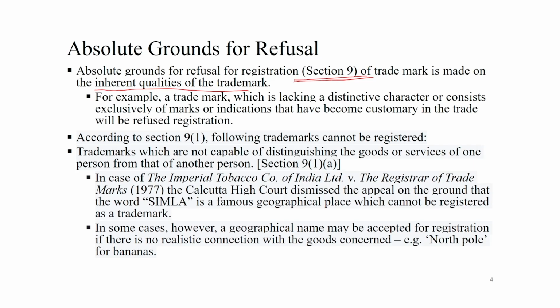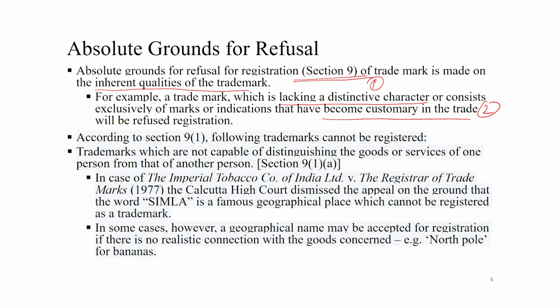These are the two examples. These are the marks which are inherently not capable of being registered, not because these may cause confusion for customers.